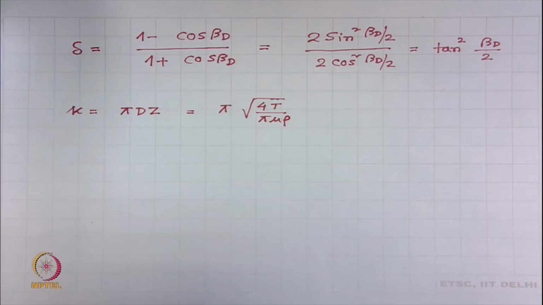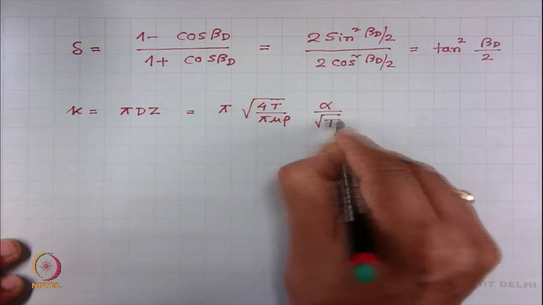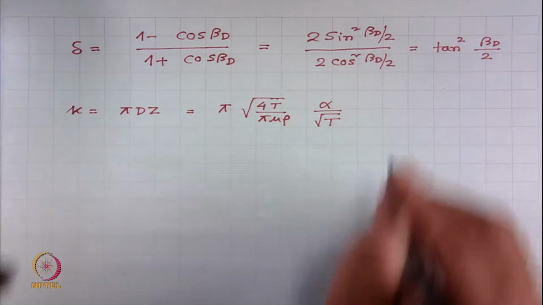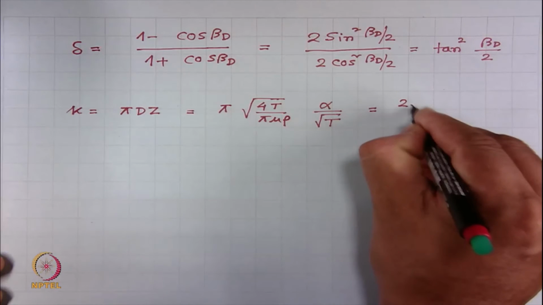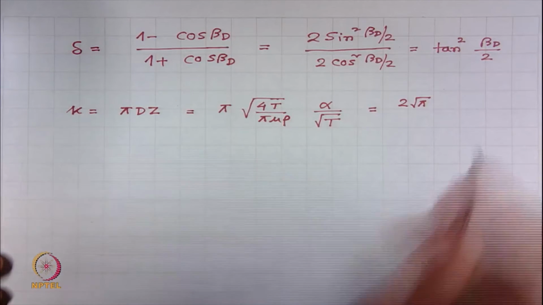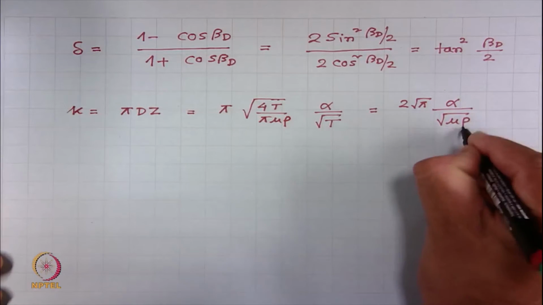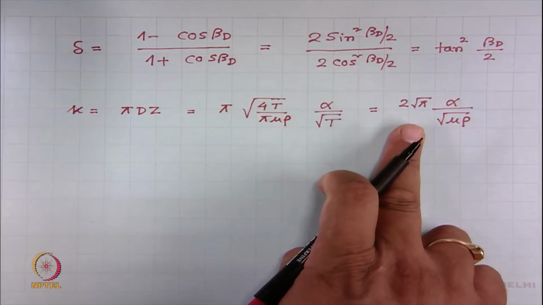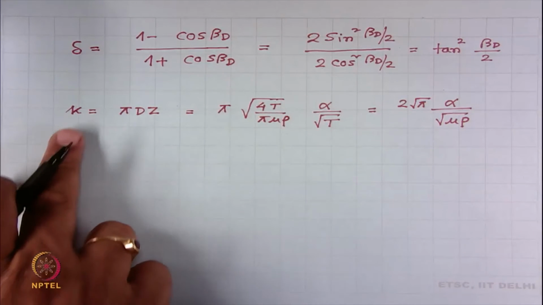And what is Z? Z is alpha by root T, isn't it? So, finally, what we obtain is 2 root pi alpha by root over mu into rho.